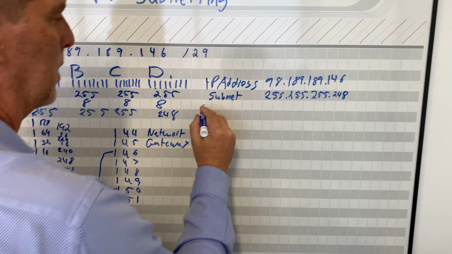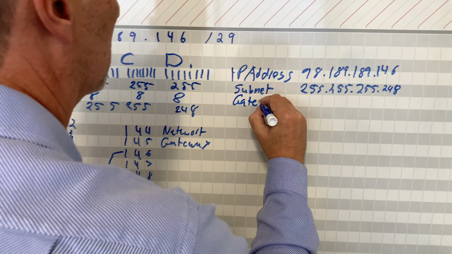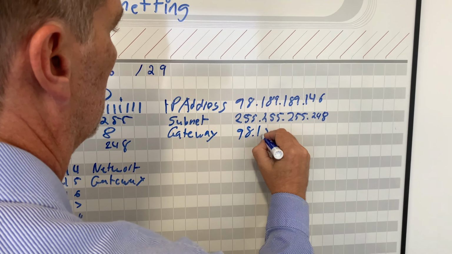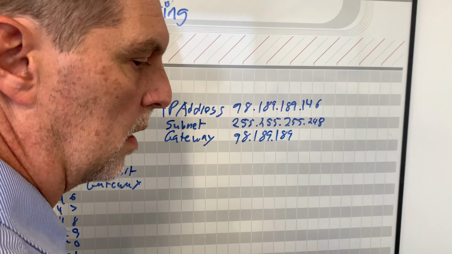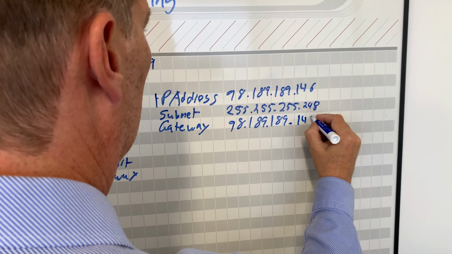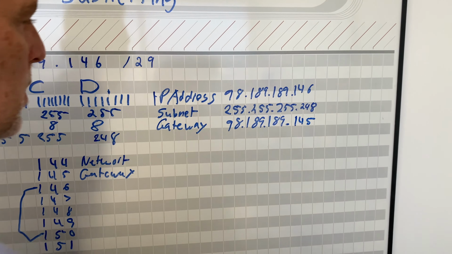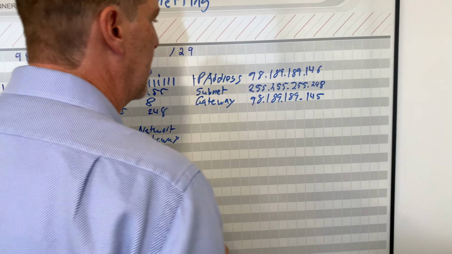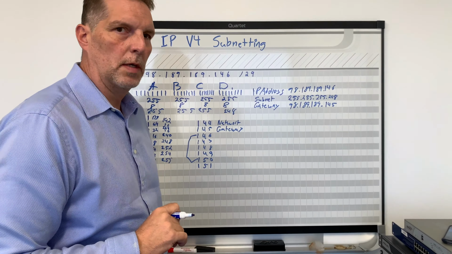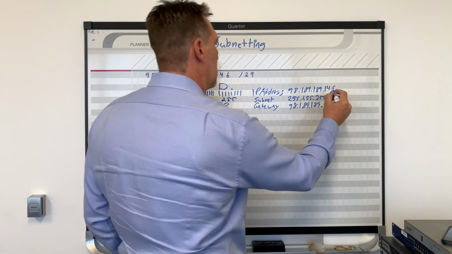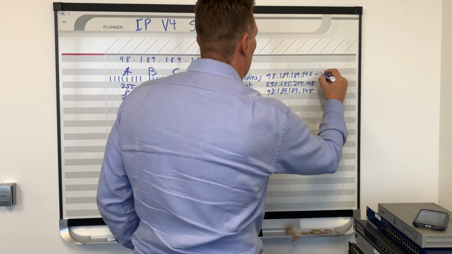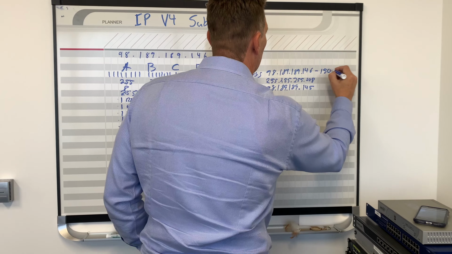Okay, your gateway is going to be 98.180.145, and that's usually the information that you're going to need, and you're going to know that you're going to be able to use your addresses from 146 up to 150.